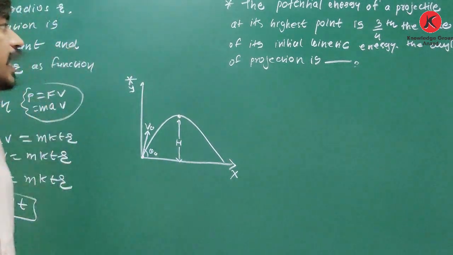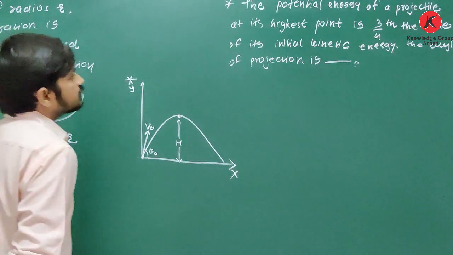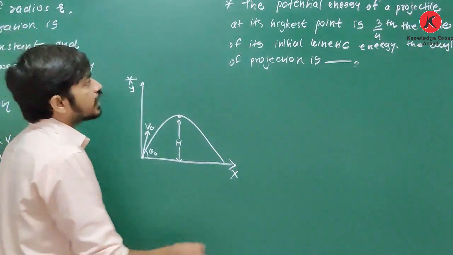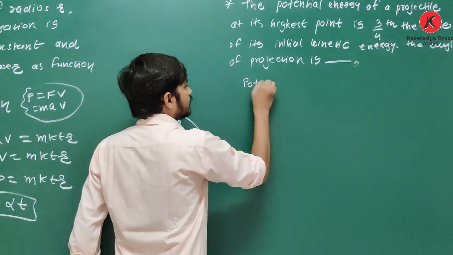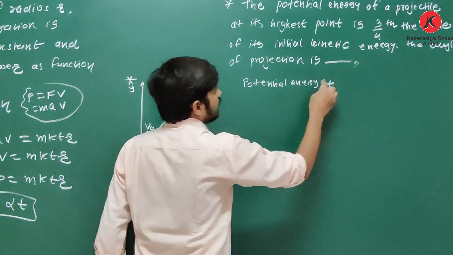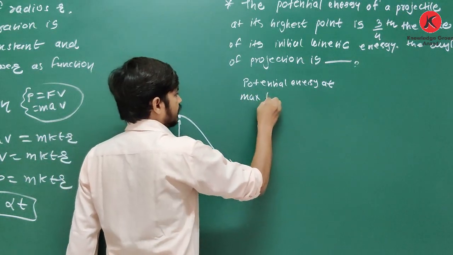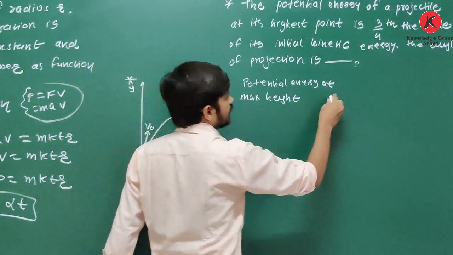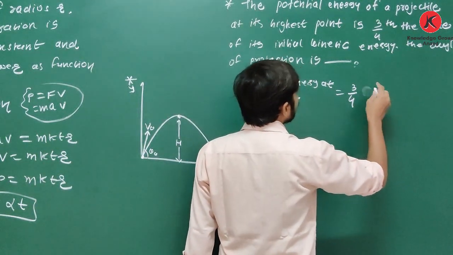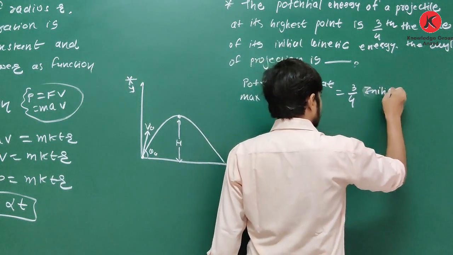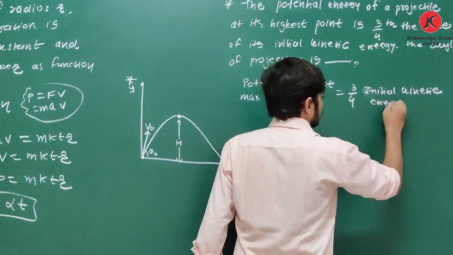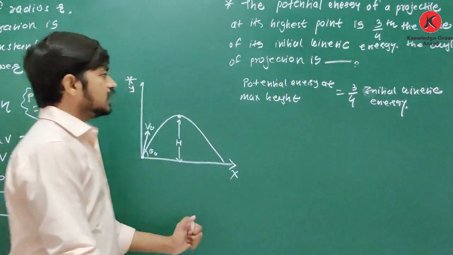The potential energy of a projectile at its highest point is 3 by 4th the value of its initial kinetic energy. Means how to write? See, potential energy at maximum height is 3/4 of the value of initial kinetic energy.